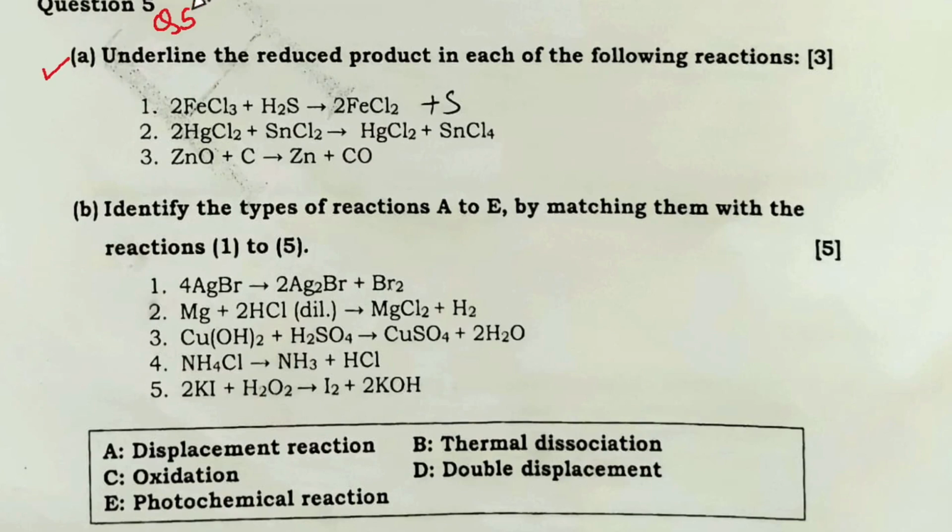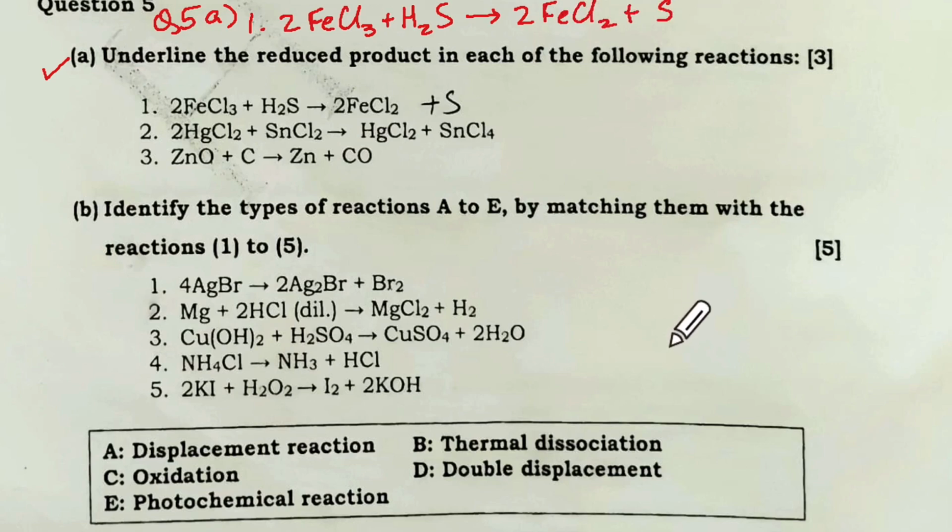Question number 5A. Underline the reduced product in each of the following reactions. So you have to write the reaction. And we have to write reduced product.